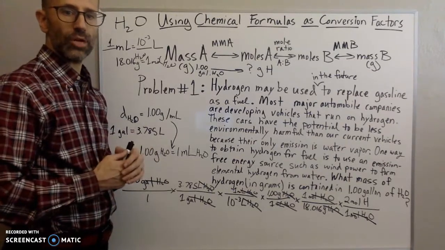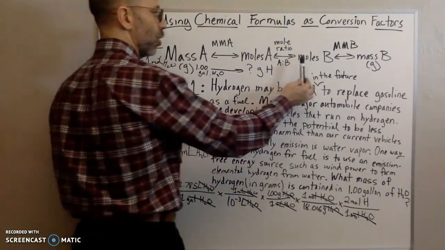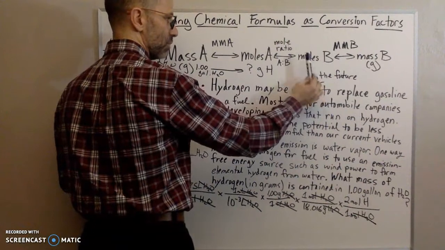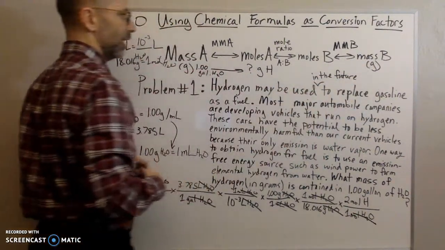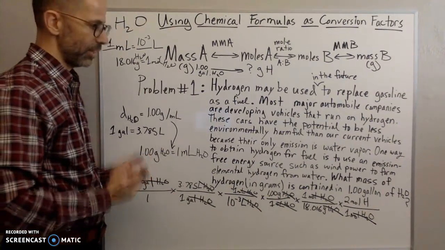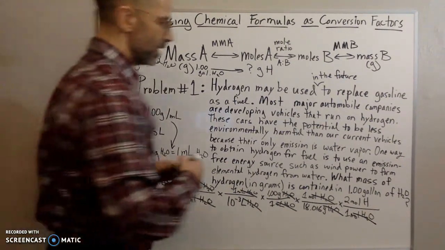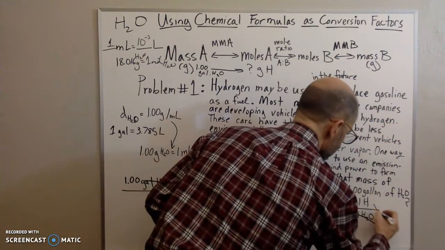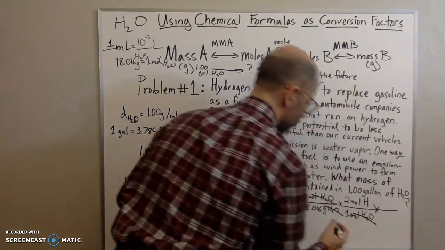Okay, so now I can go from moles of B, which is hydrogen, to mass. And so now I'm going to use the molar mass of hydrogen. And that's my last step. So now I do my last conversion.